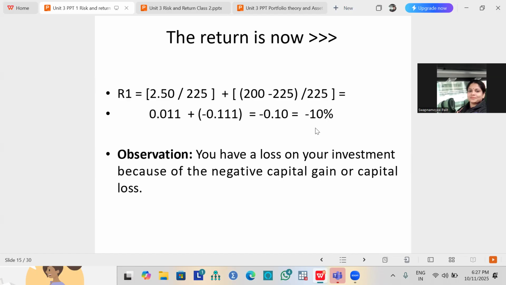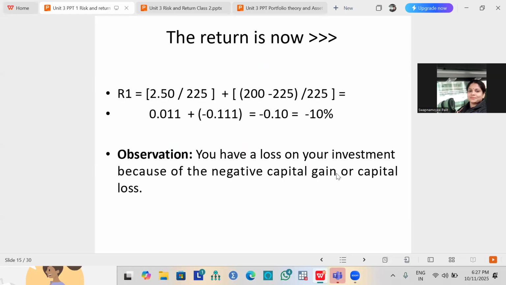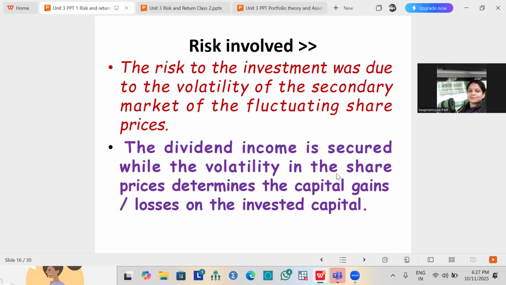So the gist is, if your selling price is more than your buying price, you make a gain on purchasing a stock, and vice versa. This is the return part we calculated. Return is your dividend yield plus your capital gain. Let us go to the other part, which is the risk part. Risk means how much risk there is to the stock you are investing in.